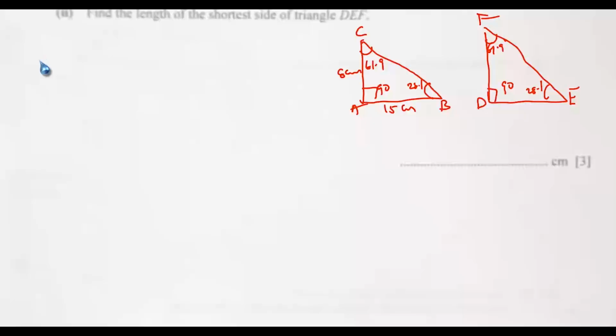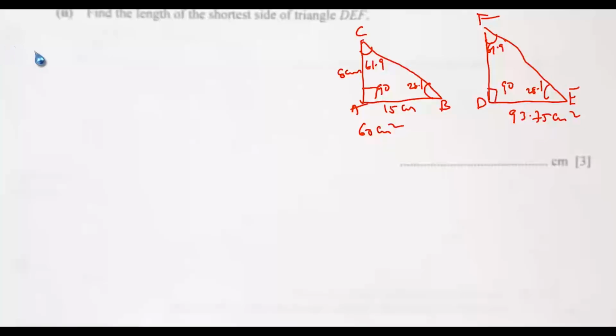So we already know that the area of triangle ABC is given as 60 centimeters squared, and the area of this one is given as 93.75 centimeters squared. So we can use the ratio of their areas and corresponding sides to get the unknown sides in triangle DEF.